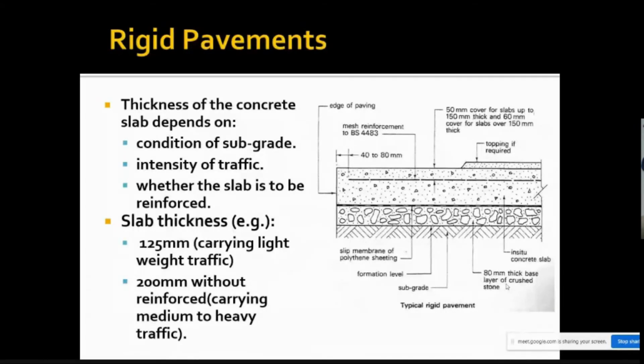Whether the slab is to be reinforced depends. If it needs reinforcement, they put reinforcement. At the port, I think they put reinforcement, in certain areas, not all areas. Slab thickness, 125 mm for ordinary traffic, 200 mm without reinforcement, carrying medium to heavy traffic. So again, as I said, with different projects, you may have different thicknesses.